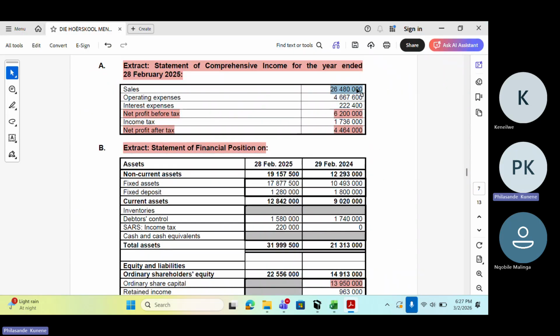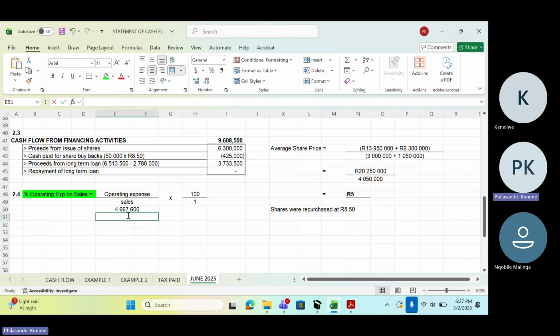That is 260,480,000 rands. That is my sales. Then multiply by 100 over 1, which doesn't change. So let's carry on, guys. What is our ratio here? What is the percentage we're getting if we punch the calculator?